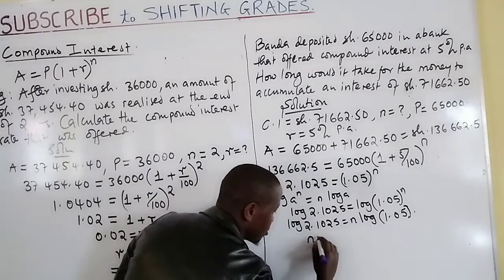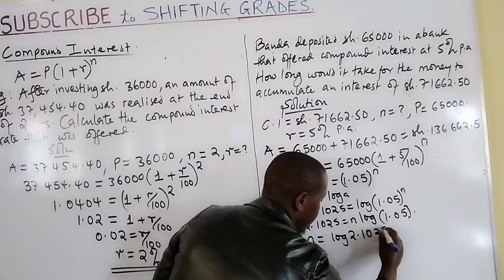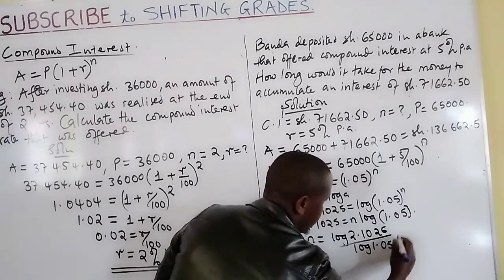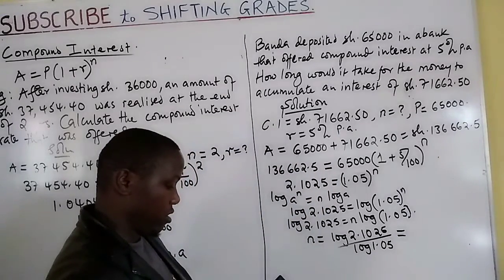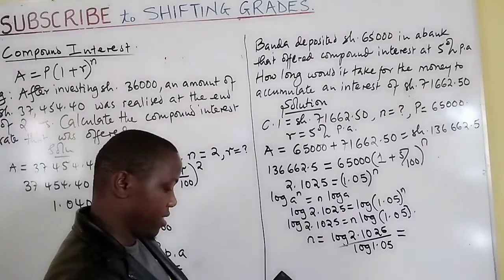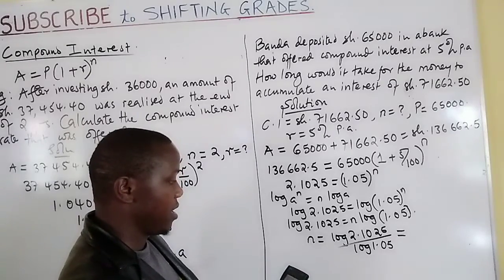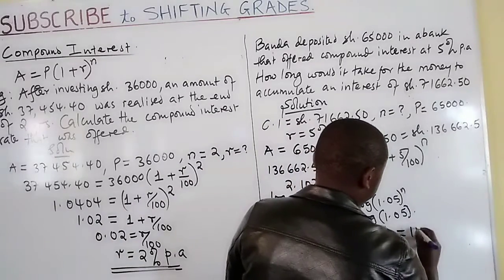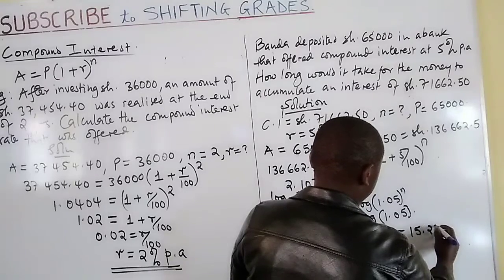With this, we can divide through by the log of 1.05 to remain with n on one side. So n will be the log of 2.1025 divided by the log of 1.05, which gives us 15.2.